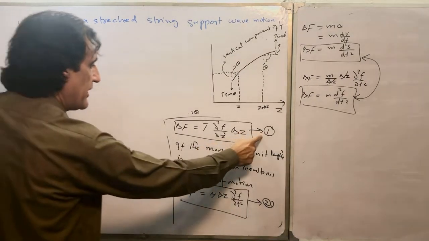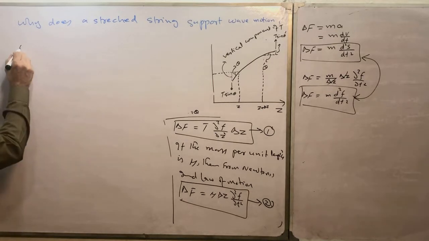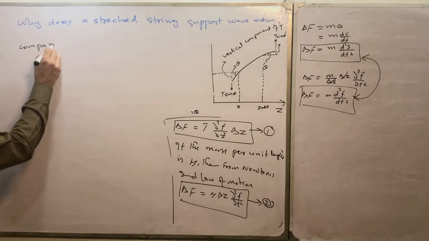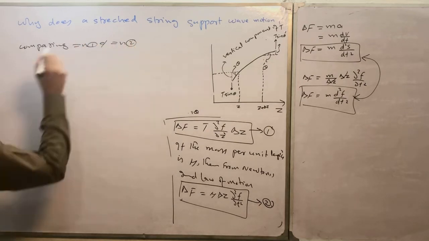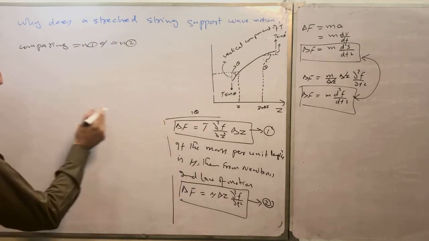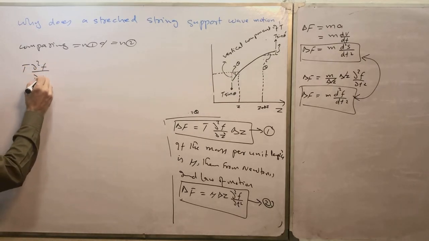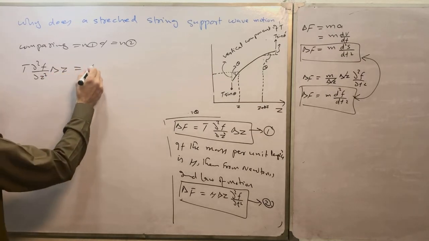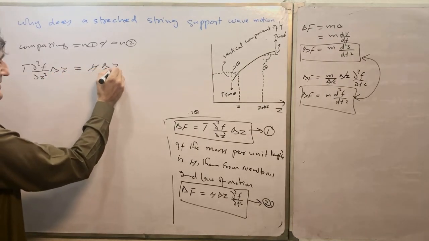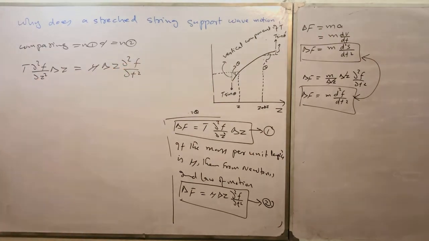Comparing equation 1 and equation 2, we get partial square f divided by partial z square times delta z, which is equal to mu delta z partial square f divided by partial t square.